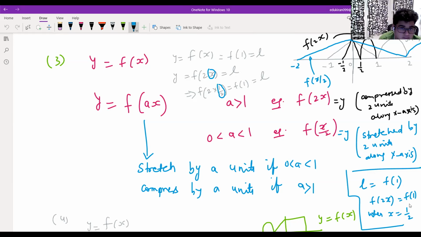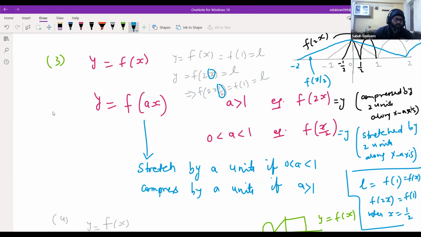Suppose this is L now, any value. At 1 it is L. So this is f of x. This is when x is 1. So when will f of 2x be f of 1?